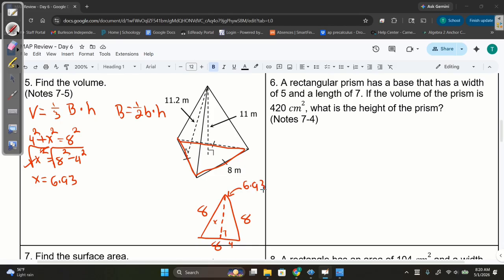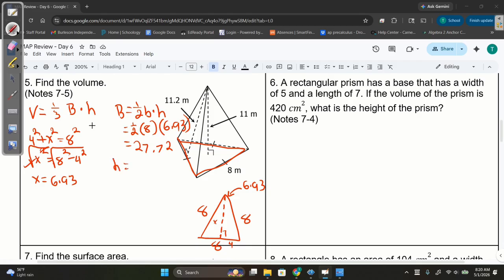for the height of this base, which allows me to find out what the area of this base is. I can do 1/2 8, because that's the base here, times 6.93. Which gives me 27.72 for the area of my base.